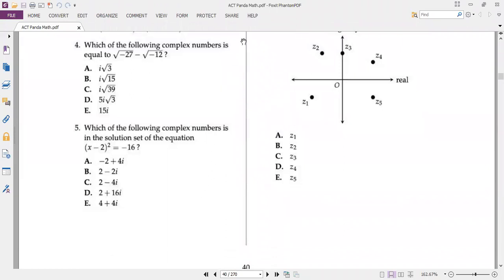Number 5, which of the following complex numbers is in the solution set? It's very easy. Just take the square root of both sides. So the first one here, we have x minus 2. This should be negative or positive 4i.